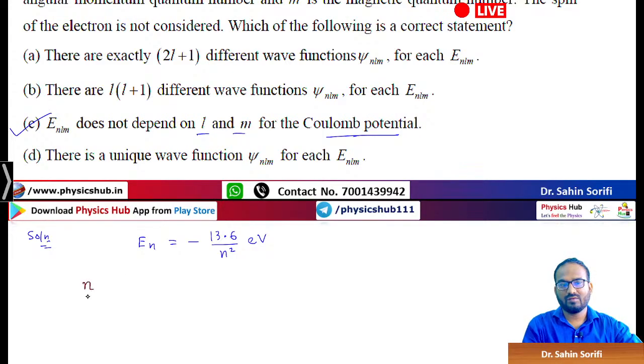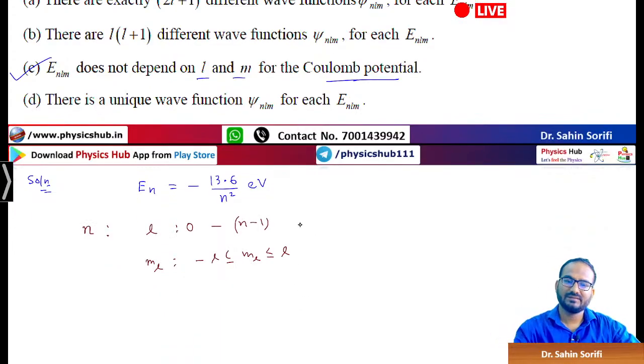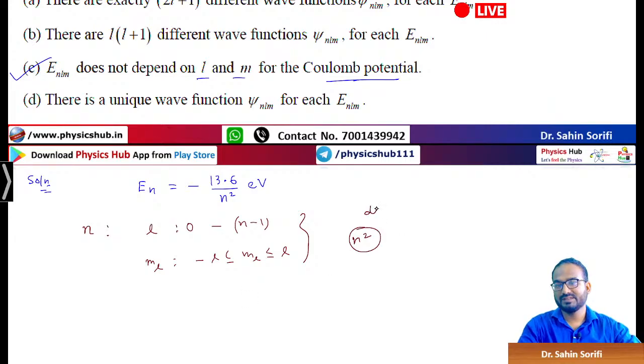For principal quantum number n, the l value can be 0 to n minus 1, and for each l value, m l can run from minus l to plus l. If you calculate this, it will give you n square. So it is the degeneracy of hydrogen atom. So this is not unique.